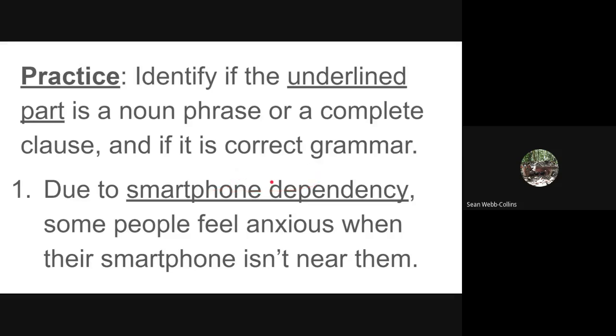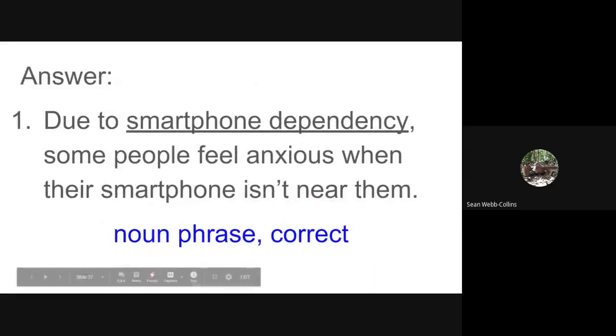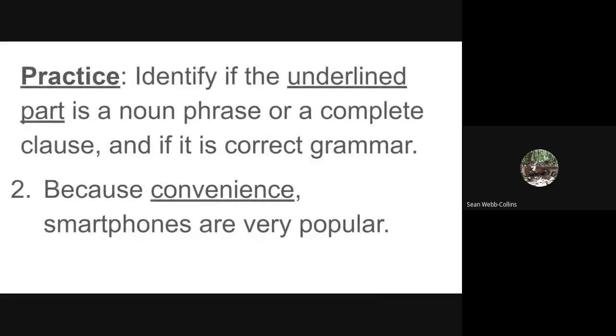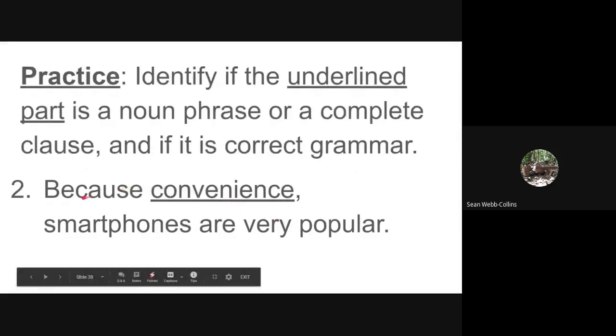Okay, let's now move to the next slide and have a look at the answer. Answer number 1 is that smartphone dependency is the noun phrase, and it is correct grammatically. So you're going to do the same thing for number 2: because convenience, smartphones are very popular.